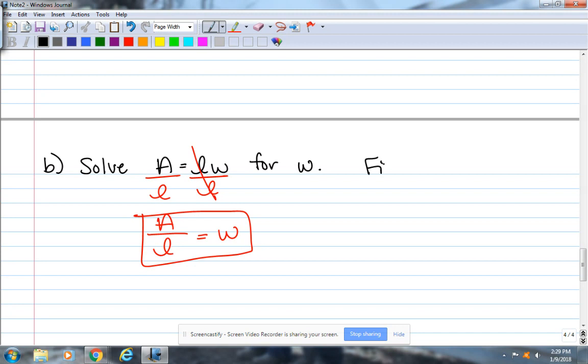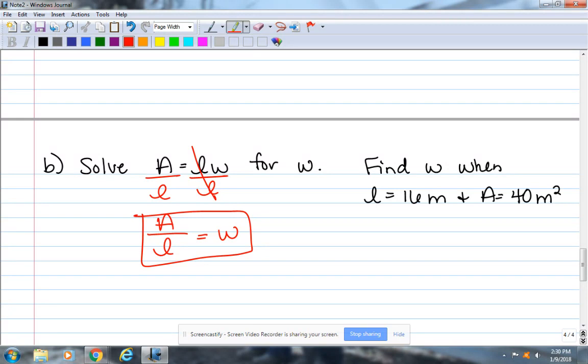So next, I'm going to find the width when the length equals 16 meters and the area equals 40 square meters. So how am I going to find the width when the length is 16 meters and the area is 40 square meters? How do I do that? Yeah, I'm going to substitute my A for 40 and my 16 for L, and then I'm going to divide them.